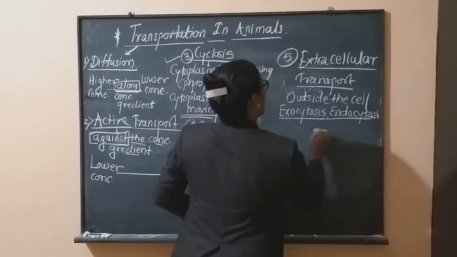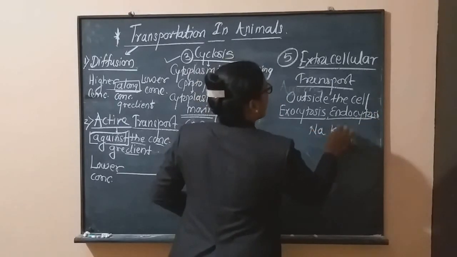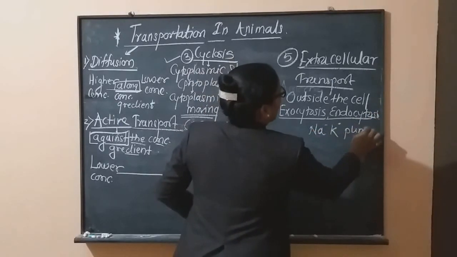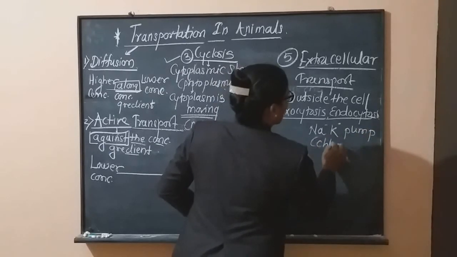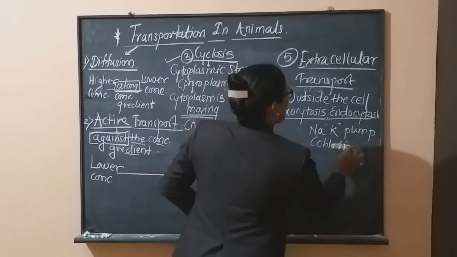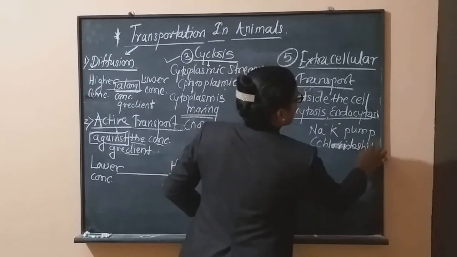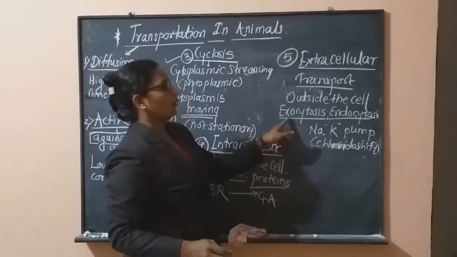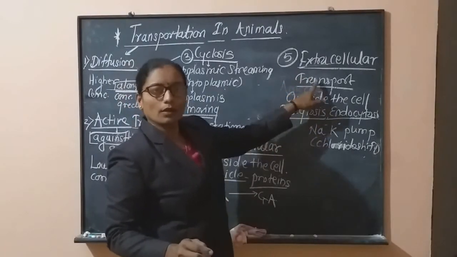Already in the chapter we studied the sodium and potassium pump, also called the chloride shift. This chloride shift is also an example of extracellular transport.